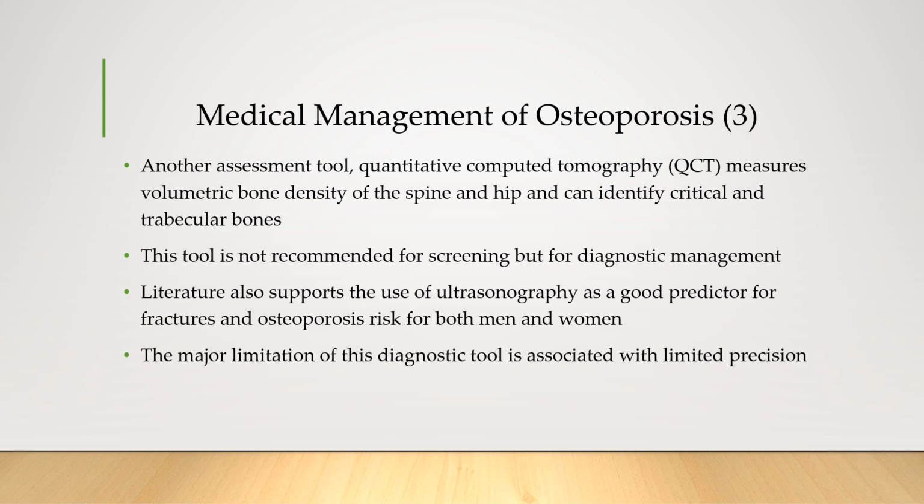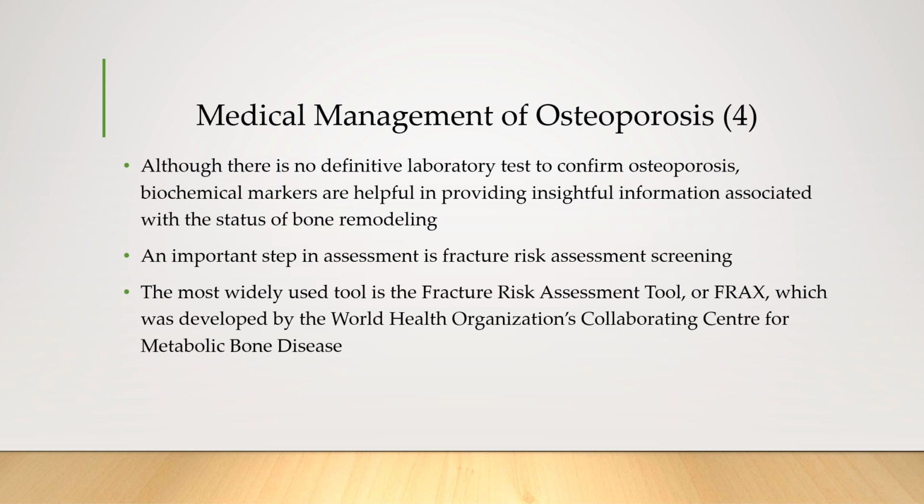The major limitation of this diagnostic tool is associated with limited precision. So, although there is no definitive laboratory test to confirm osteoporosis, biochemical markers are helpful in providing insightful information associated with the status of bone remodeling.